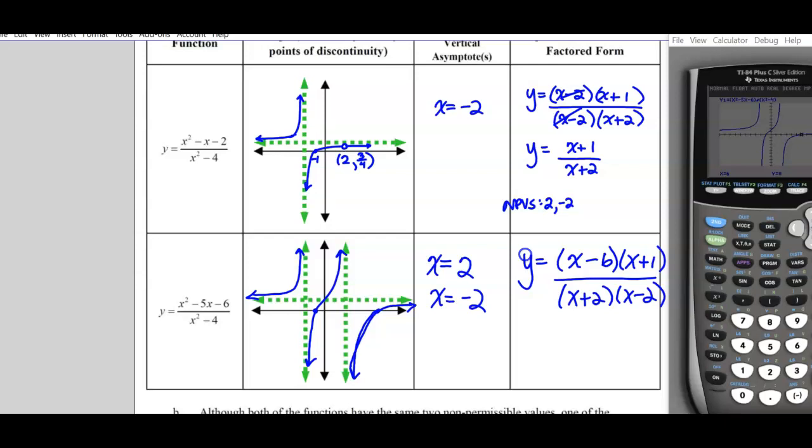If they divide out, then whatever divides out tells you the non-permissible value, and that tells you what your point of discontinuity is. So always factor first to help you in sketching this. There aren't any points of discontinuity in that one.